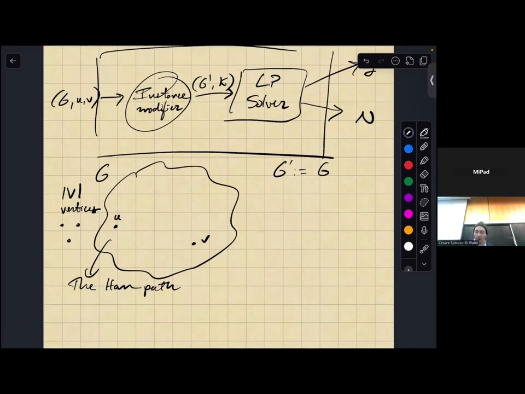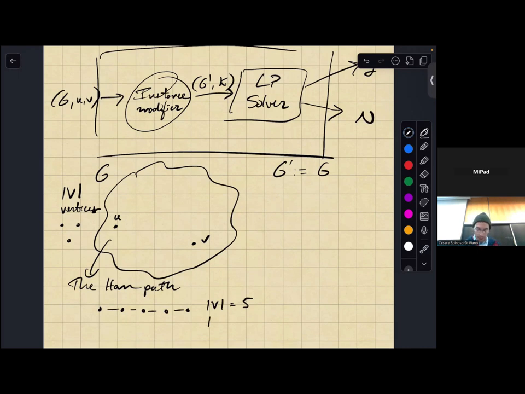If I have a Hamiltonian path in G, it is going to cover each vertex once and exactly once. So if I have 5 vertices, then my path is going to have length 4.